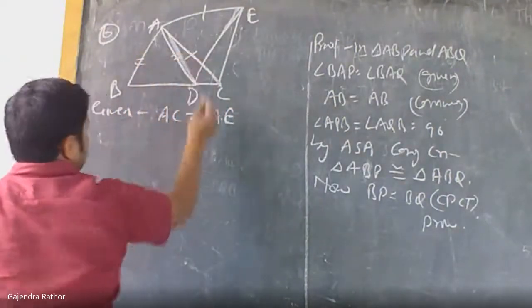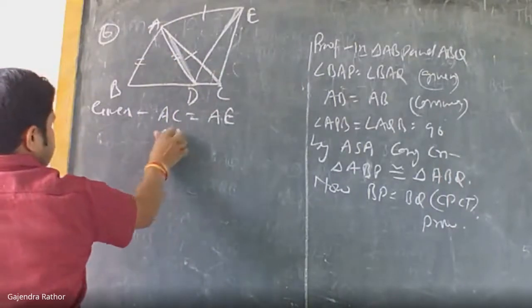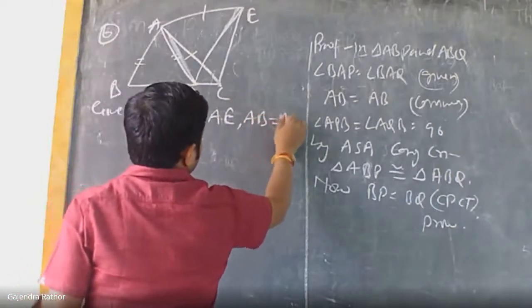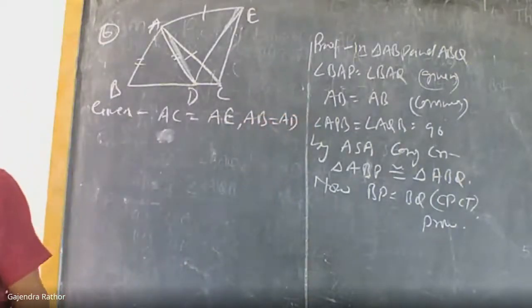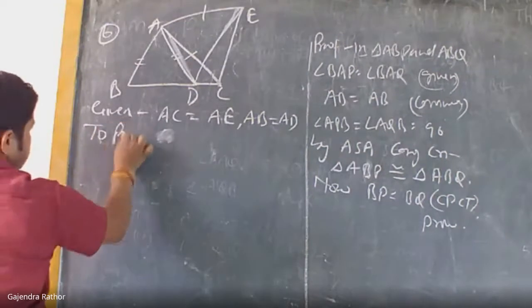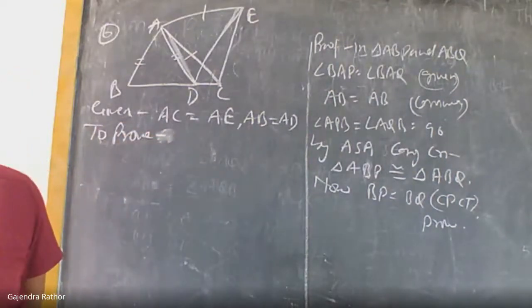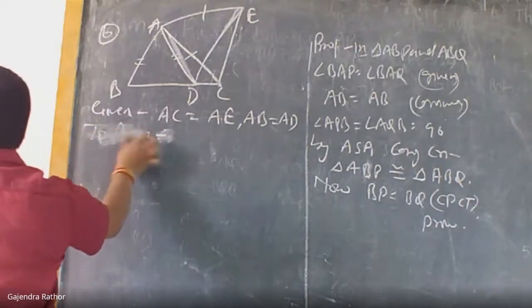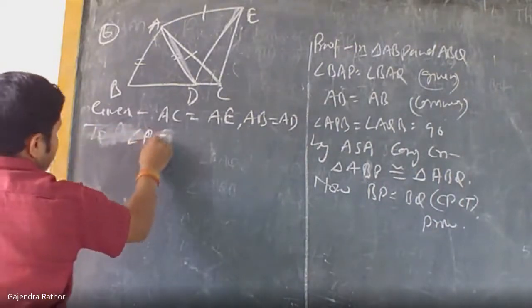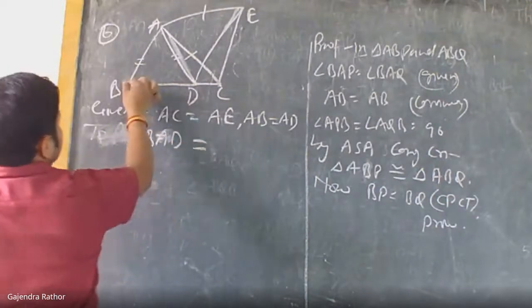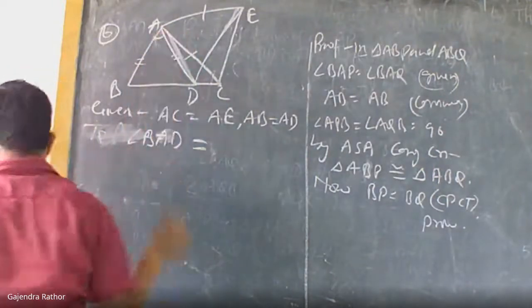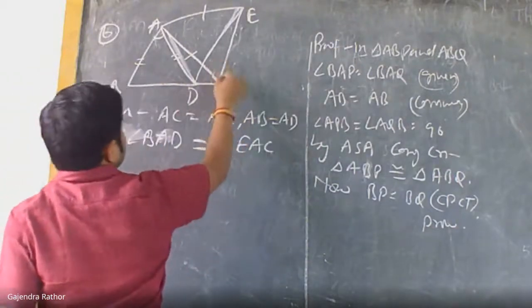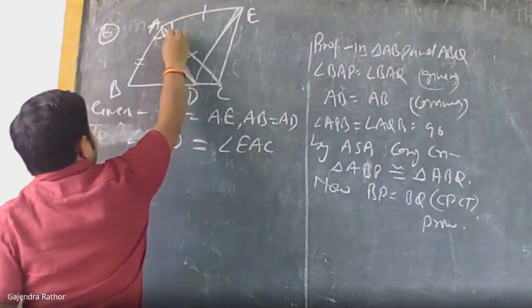One more point is also given: angle BAD is equal to angle EAC.